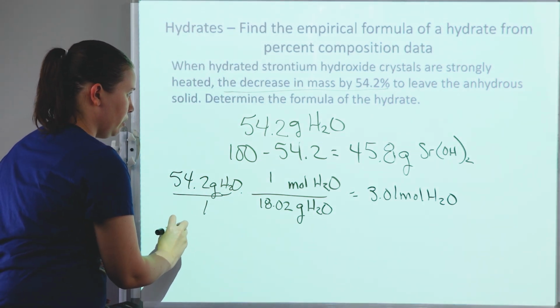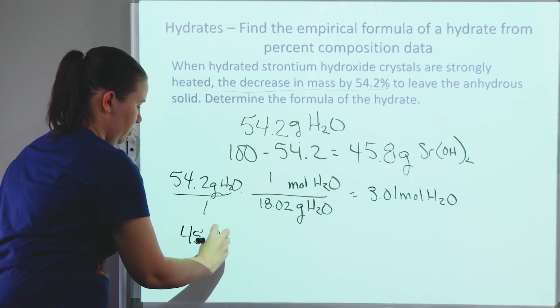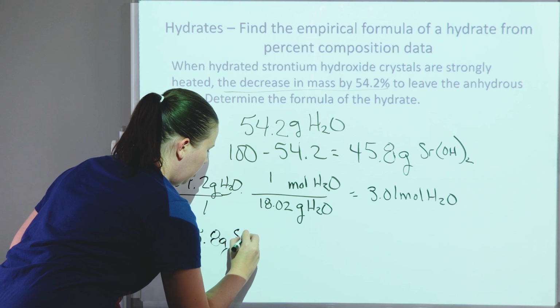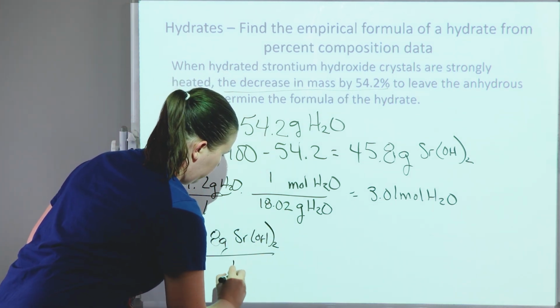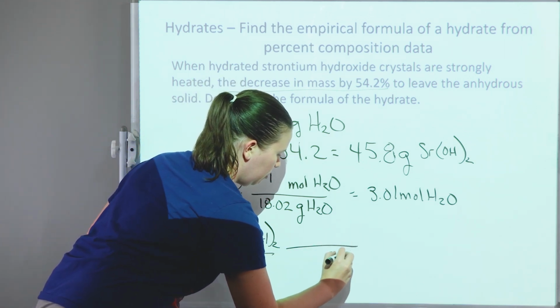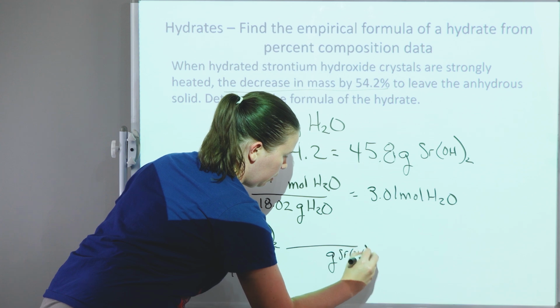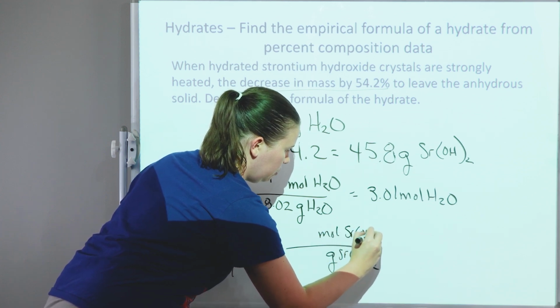Now let's look at the strontium hydroxide. So that was the 45.8 grams of the Sr(OH)2 over 1. Then I'll put the grams again on the bottom, grams of Sr(OH)2 to moles of Sr(OH)2.